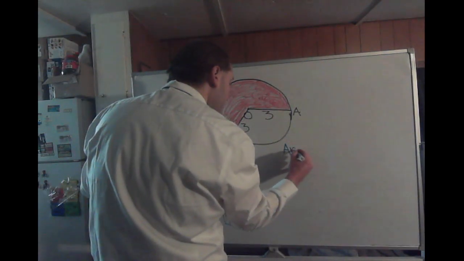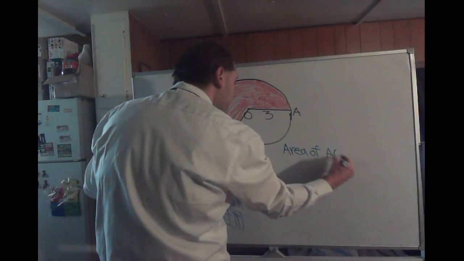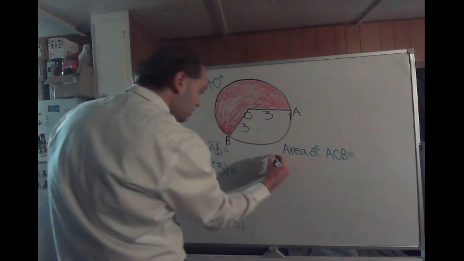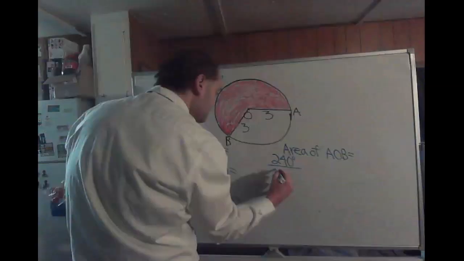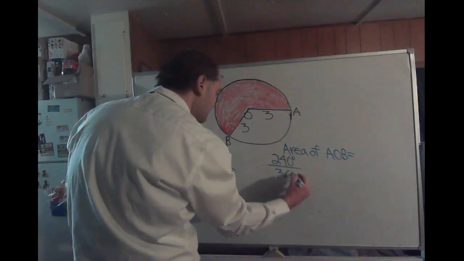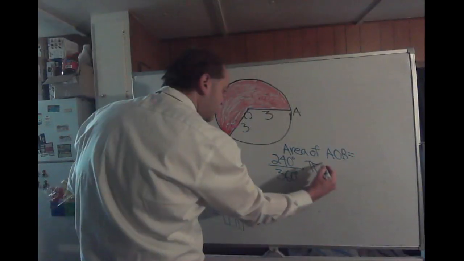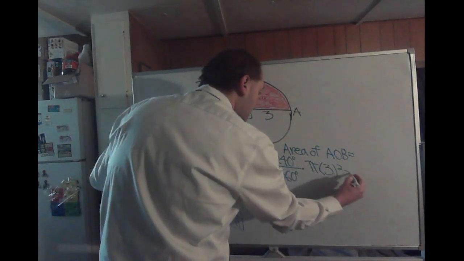So the area of AOB is equal to, again, that 240 degrees out of 360 degrees times the formula for the area of a circle, which would be pi times that radius of 3 to the second power.